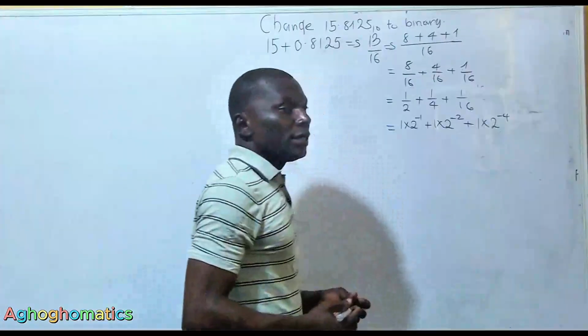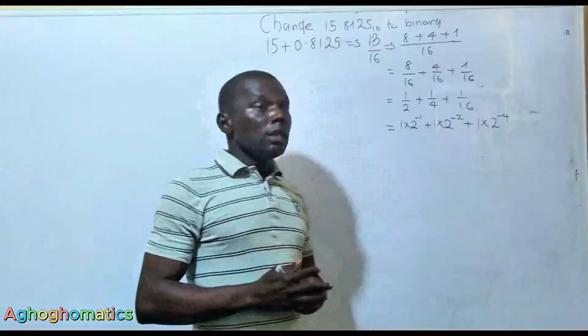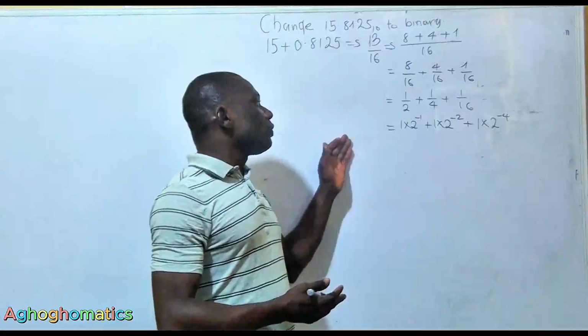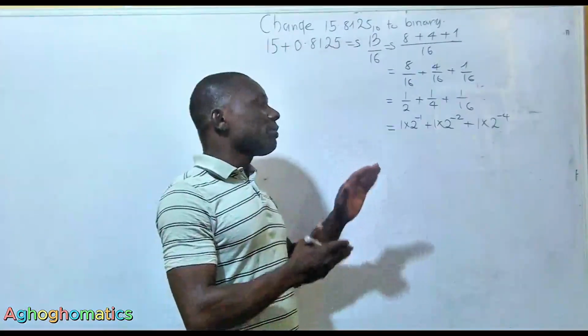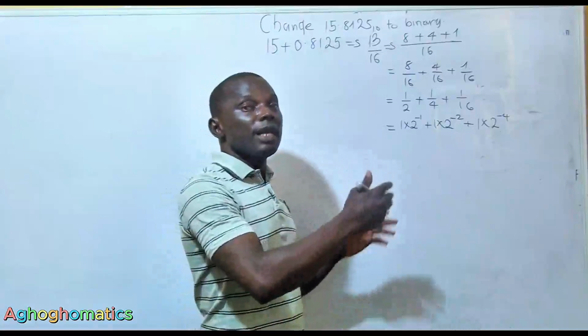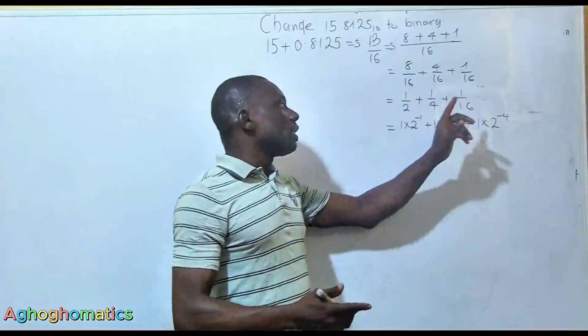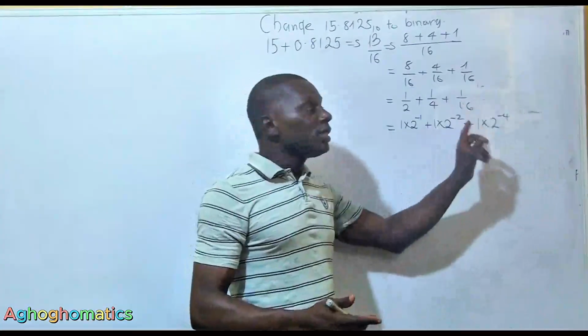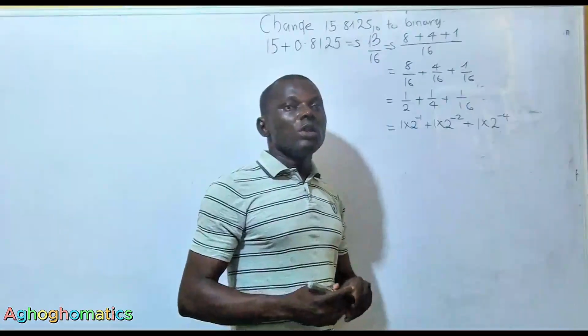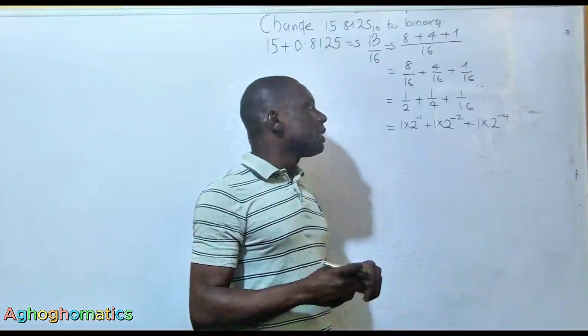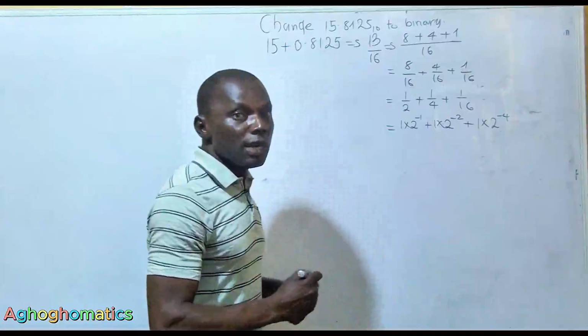Now remember, in changing from other bases to base 10, once you are expressing all the numbers after the decimal point, the indices move from -1, -2, -3, and -4. But since -3 is missing in this case, it means that is being multiplied by 0. That is why it is missing.